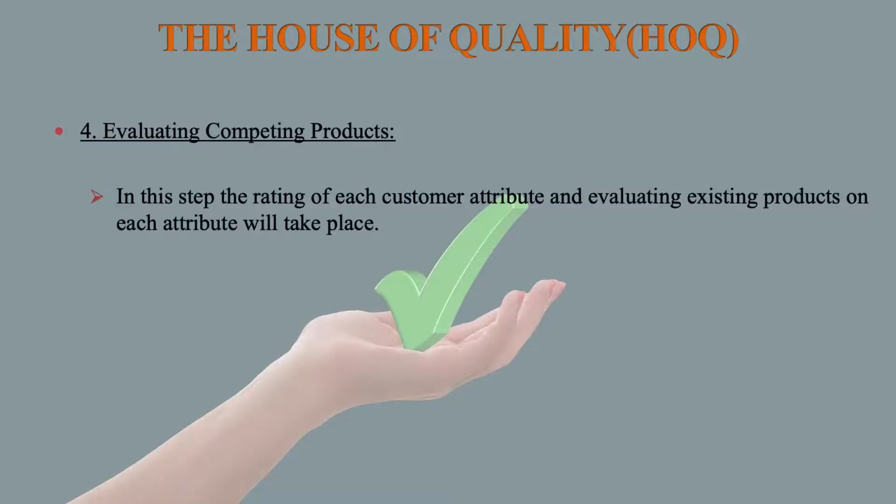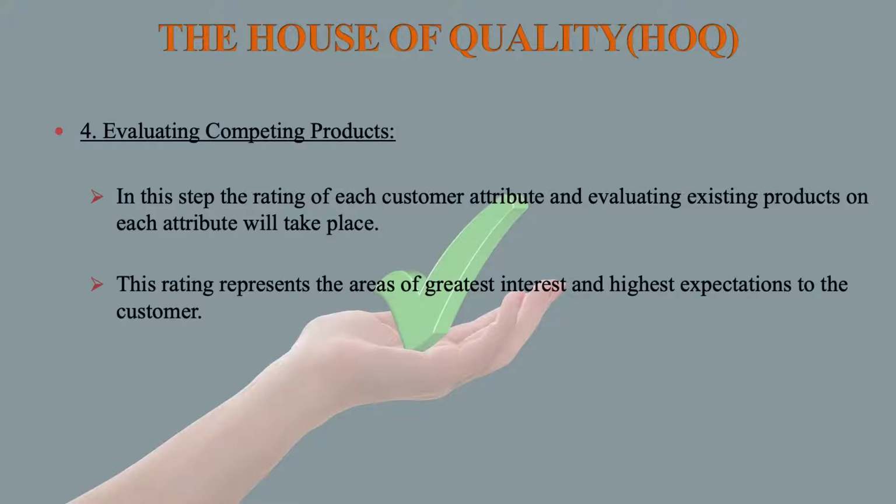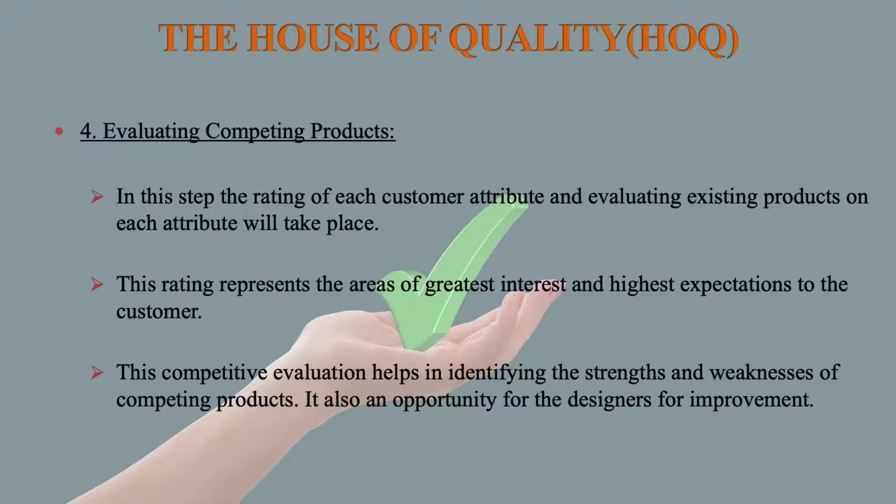Evaluating competing products. In this step, the rating of each customer attribute and evaluating existing products on each attribute will take place. This rating represents the areas of greatest interest and highest expectation to the customers. This competitive evaluation helps in identifying the strengths and weaknesses of competing products.